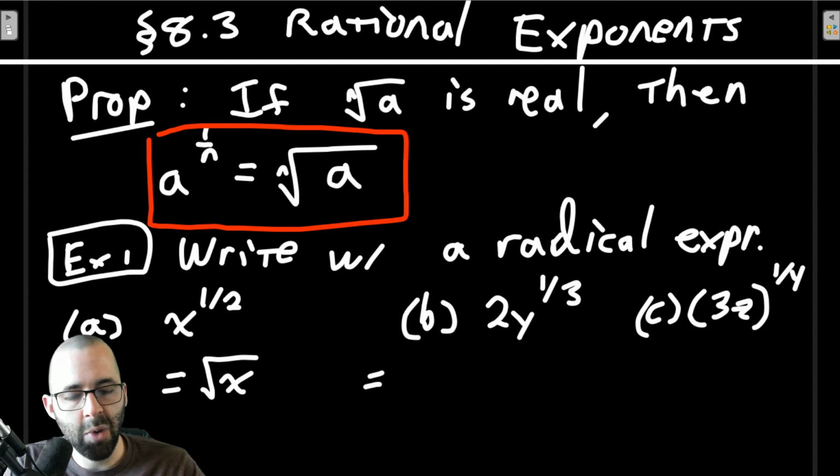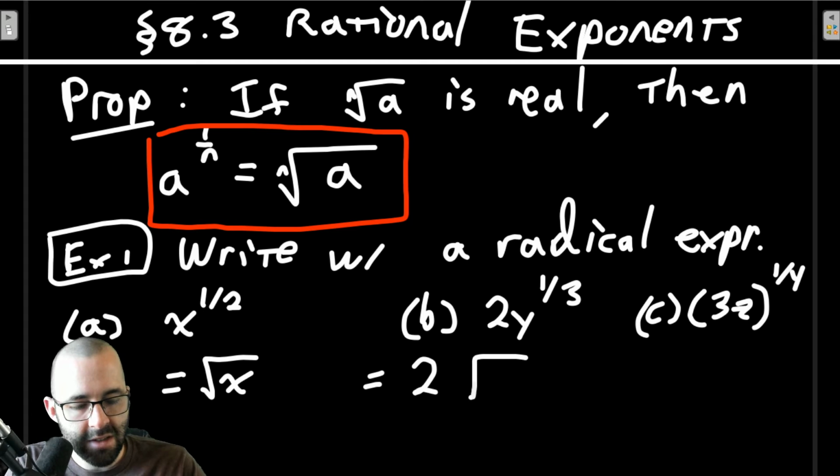That's going to take us into part B as well. Be very careful. Part B, if I added parentheses here, that's completely different. Without parentheses, the only thing that has that exponent is the y, okay? So yes, n is 3, so it's going to be the cube root, but the 2 does not have that exponent. So it's going to be 2 times y to the 1/3.